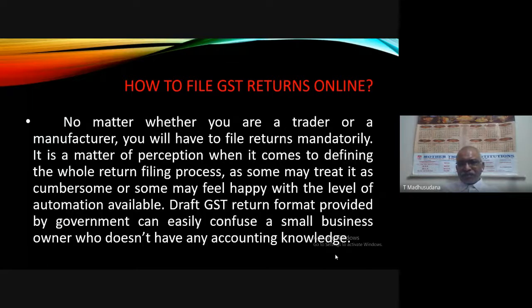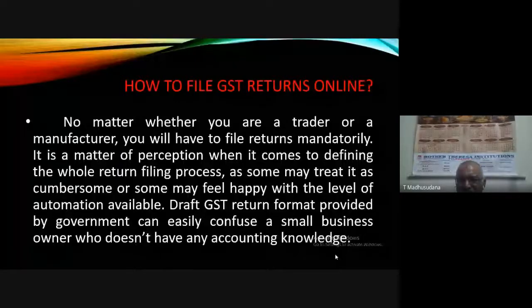So this online return submission process may be felt by some people as a burden, and some may feel happy that most of the online returns are provided by the government. The draft GST return format provided by the government can easily confuse small business owners who do not have any accounting knowledge.